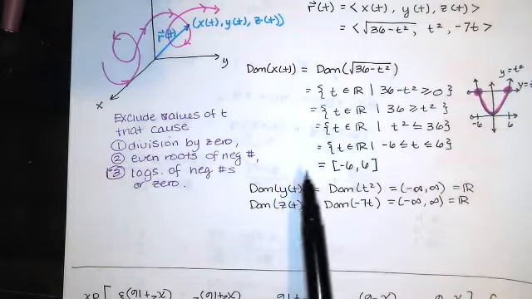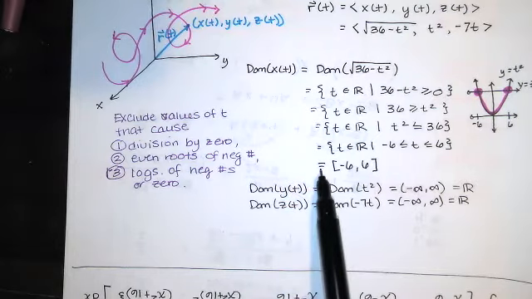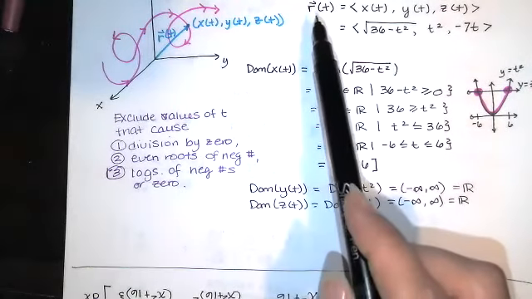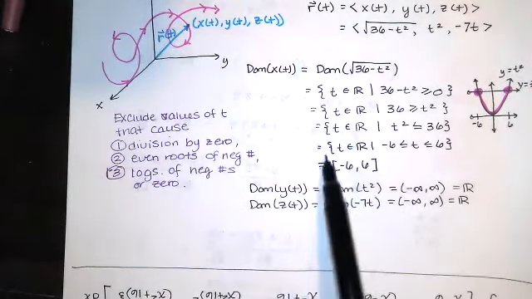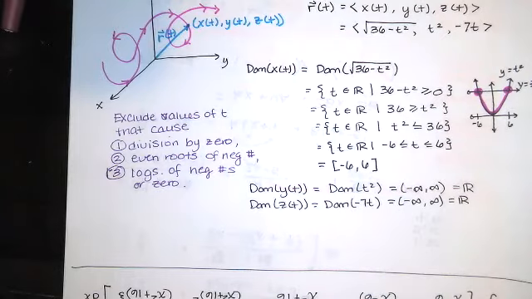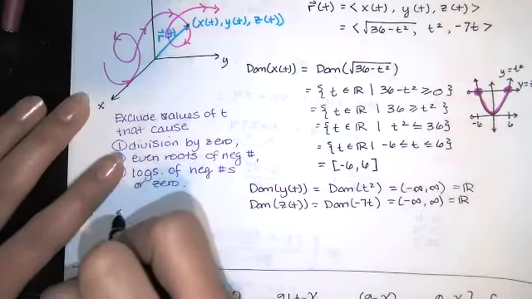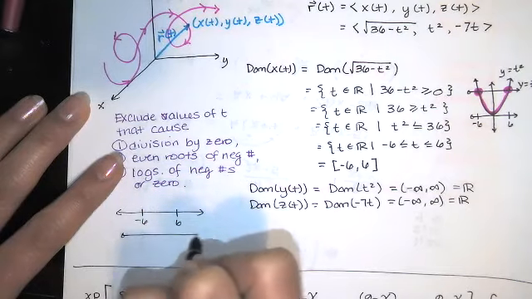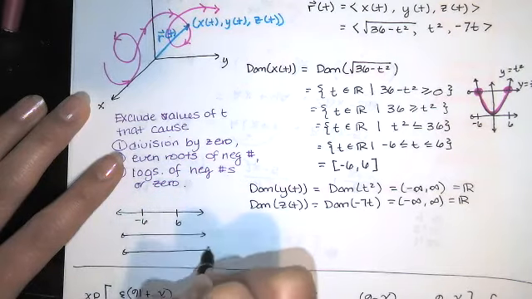So since t equals -7 isn't in this one, it can't be in the domain of r of t. We need all the t values that are in this set, and in this set, and in this set. Or if I graph them, this is the interval from -6 to 6, and all real numbers, and all real numbers.